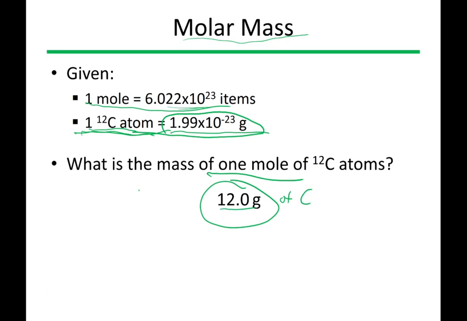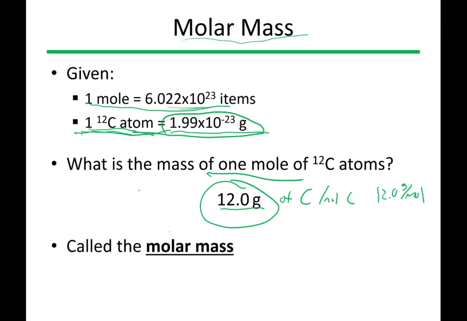And remember, this is 12.0 grams of carbon per mole of carbon, or we could say 12.0 grams per mole. And because we have grams per mole, this value is called the molar mass. So 12.0 is the molar mass of carbon-12.